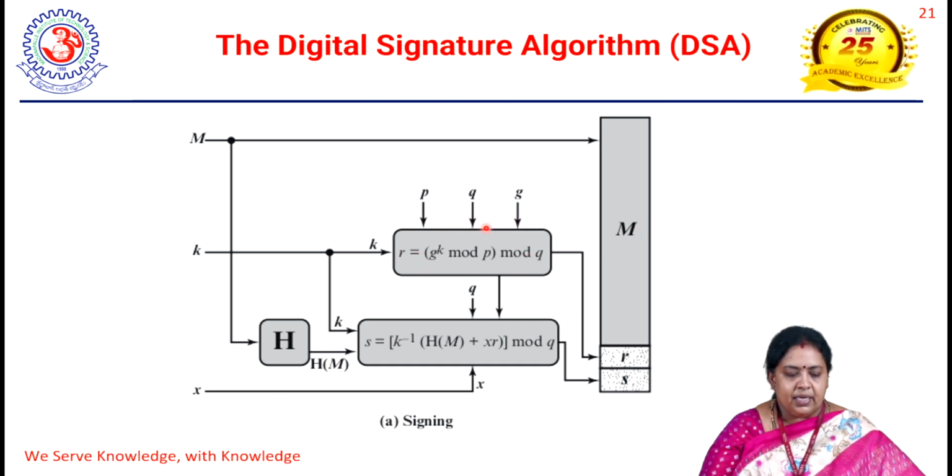By using this we calculate the S component. These two components are appended to the original message and sent to the receiver.